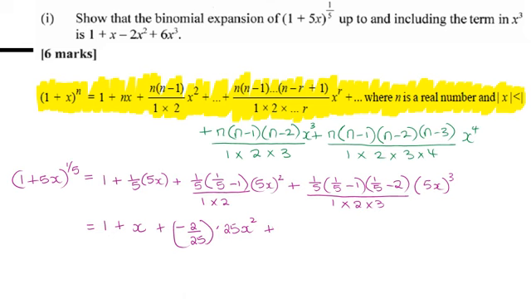Plus, next one, 1/5 times (1/5 minus 1) times (1/5 minus 2) divided by 3 factorial, which is 6. That gives me 6 over 125 times the (5x) cubed, which is going to give me 125x cubed.